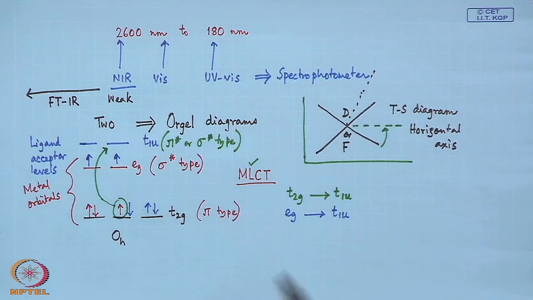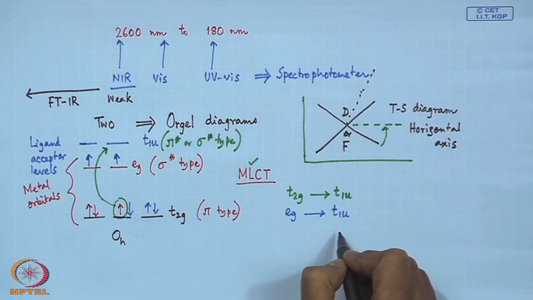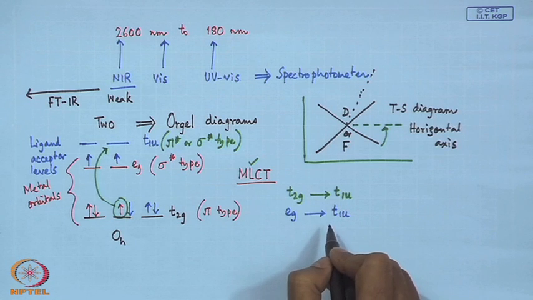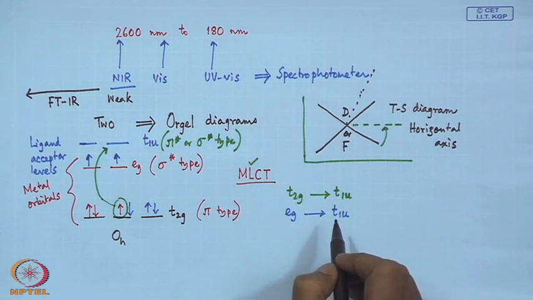We will see how these energies can change for this metal to ligand charge transfer transition, how characteristic they are, and how we can utilize these bands for analytically establishing the nature of the metal complex. Thank you very much.